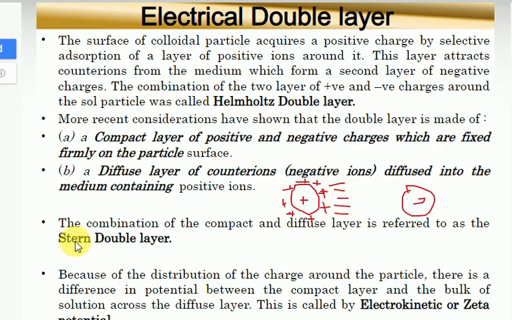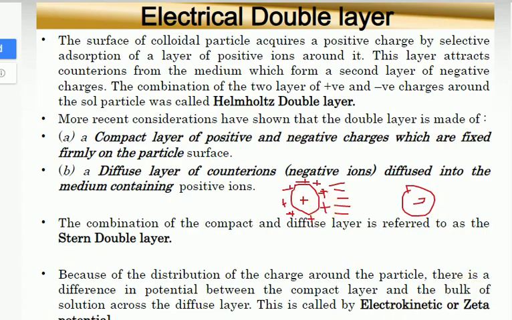The combination of the compact and diffuse layers is referred to as a double layer. Because of the positive and negative charges, some potential develops across these two layers. That potential is called the electrokinetic potential or zeta potential. Because of the charge difference in the two layers, a potential difference develops. It is called the zeta potential, or double layer potential.